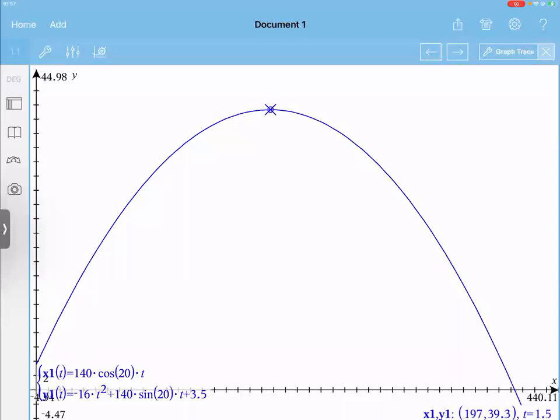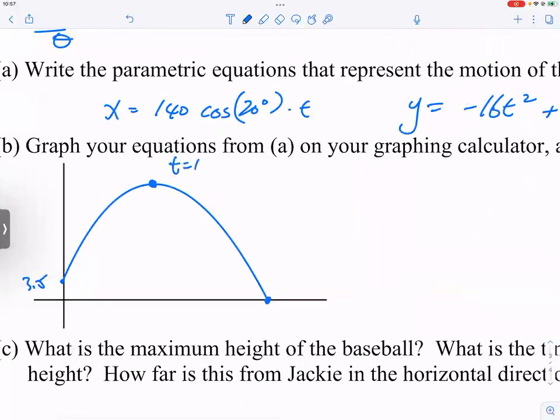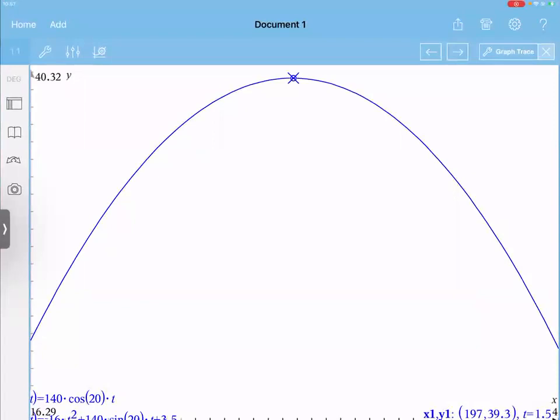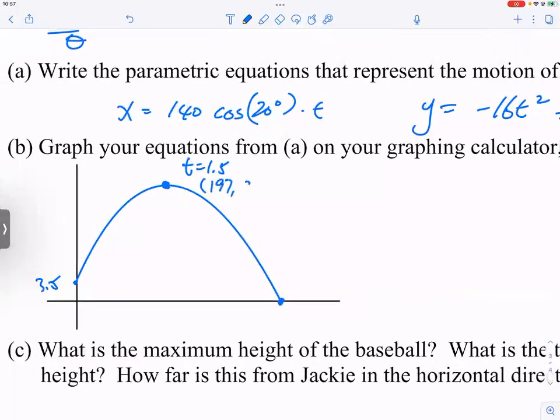Somewhere close to time equals 1.5, I will take it. This point is 197 comma 39.3. Okay, 197 and 39.3.